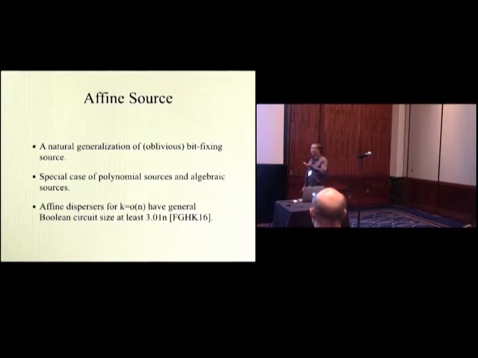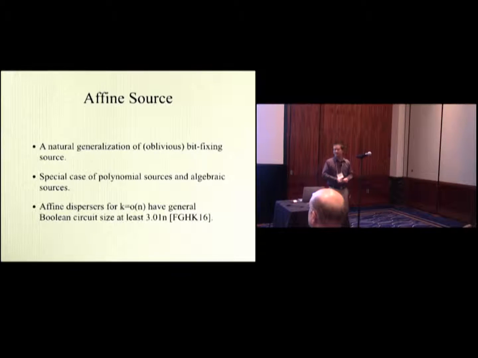So again, there are some motivations for affine sources. I guess you all have seen some motivations for independent sources. But for affine sources, first of all, it's a natural generalization of oblivious bit fixing sources, because bit fixing sources are where you have some uniform bits and the others are fixed. It's a special case of affine sources. It's also a special case of polynomial sources and algebraic sources.